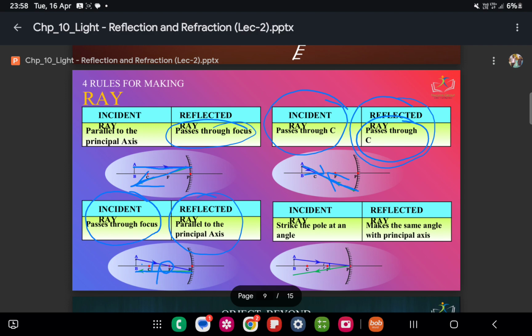Then the fourth one, an incident ray strikes the pole, and the reflected ray makes the same angle as the incident ray with the principal axis.